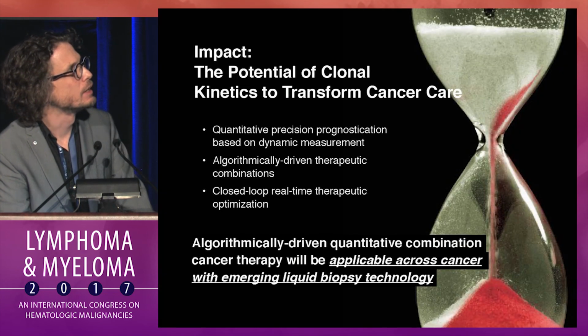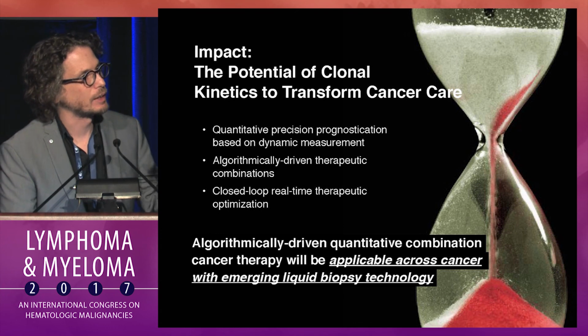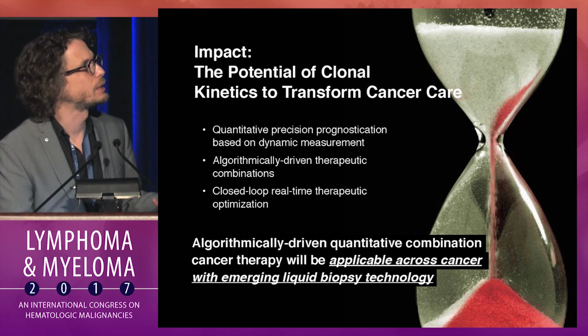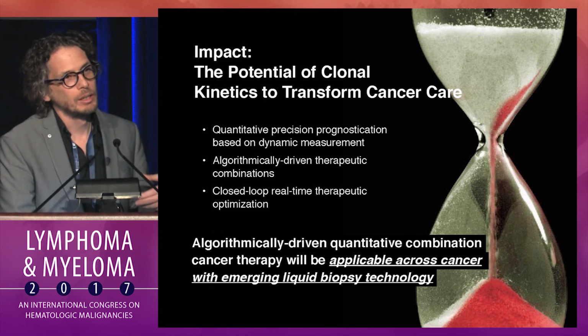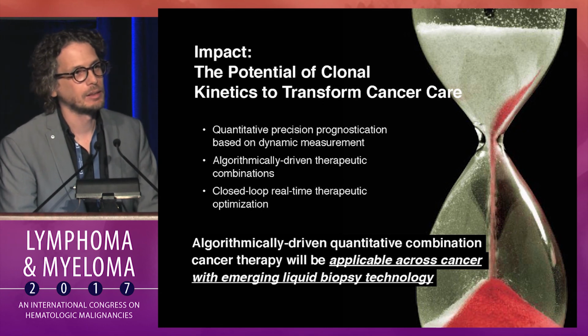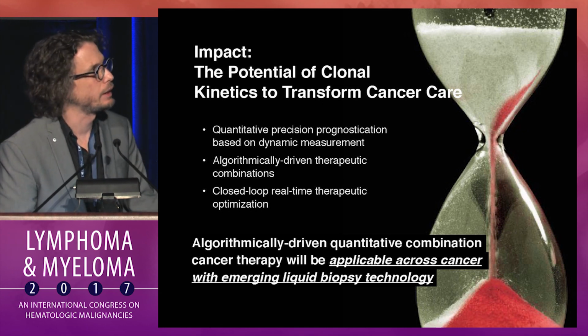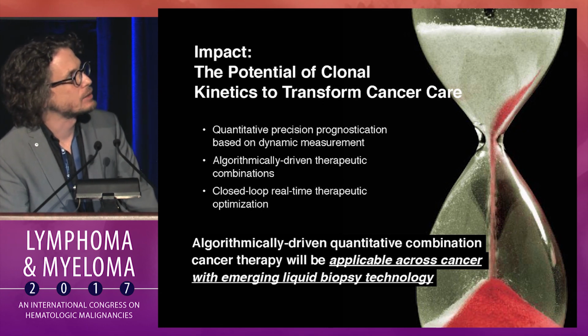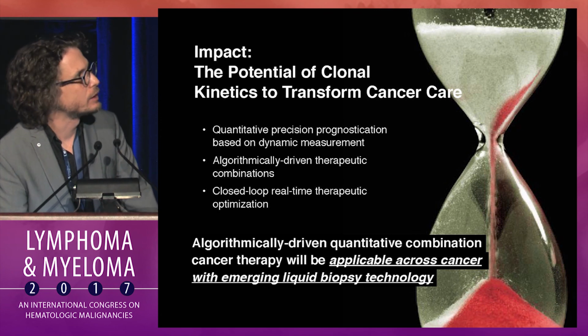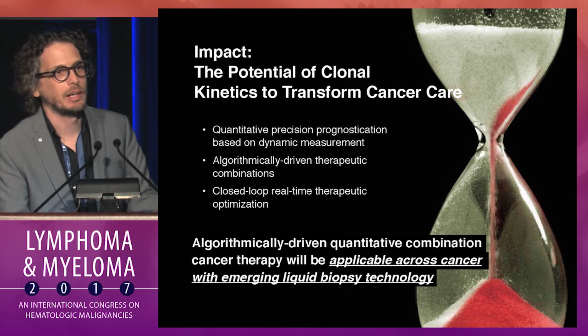So to summarize, I think what we're trying to suggest here is that there is a potential to integrate clonal kinetics in the future into clinical care. And what that will allow us to do is to create quantitative precision prognostication based on dynamic measurement.